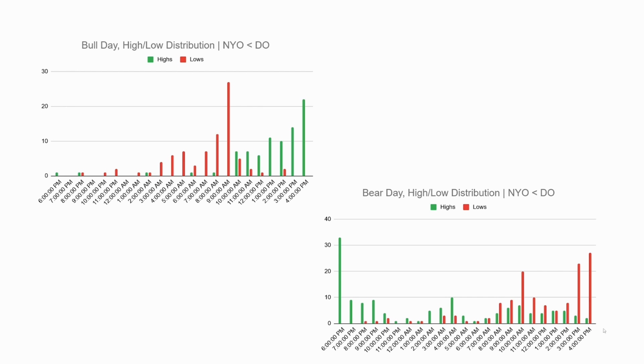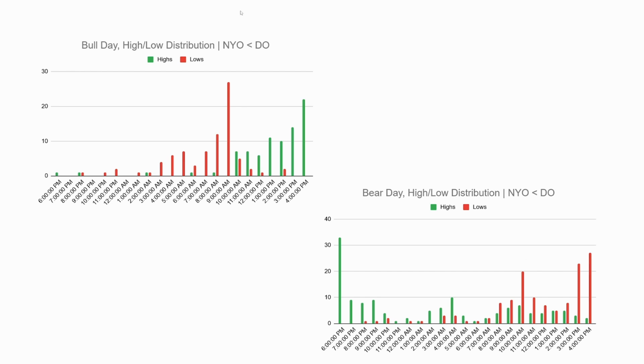Now, as for a bearish day, we can see here the structure is still present, but it's ever so slightly less defined. The reason that this is slightly messier, as we'll see when we look at other data in the future, is that when the New York session does open below the daily open, there is a slightly higher than average probability that we have a bullish day from then on.